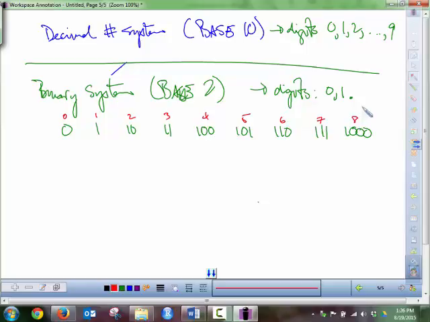So this is how you would denote these digits in binary, because you only have zeros and ones to deal with. So the advantage is that you only have two digits to deal with. That's nice and easy. The disadvantage is that the number 8 now has 4 digits, and that gets to be a lot. If you don't care too much about being able to keep track of that stuff, then this would be a good way to denote things.